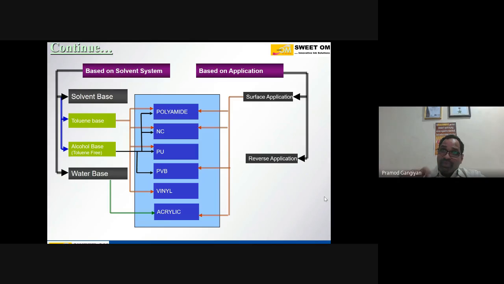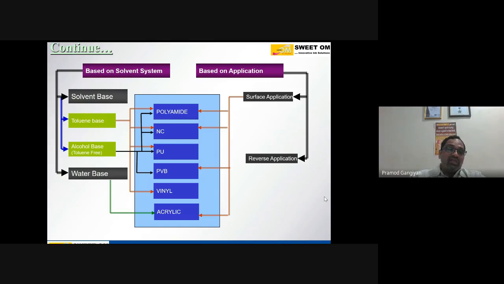If you see the same print or graphics from the opposite side, it is called reverse application, because whatever you are seeing is not coming directly to your eyes. The light, which is reflected, passes first through the glass and then comes to your eyes. So that is called reverse application.